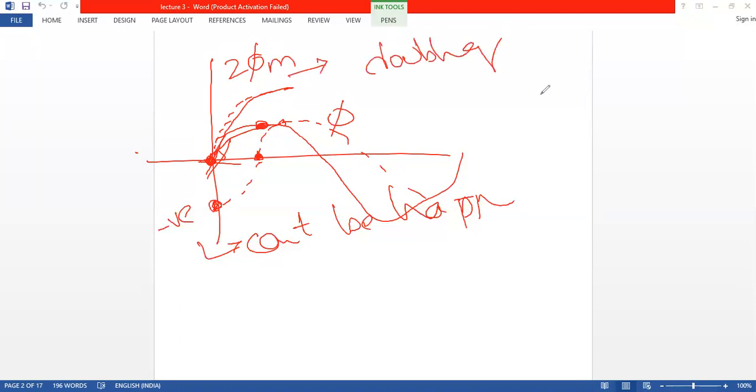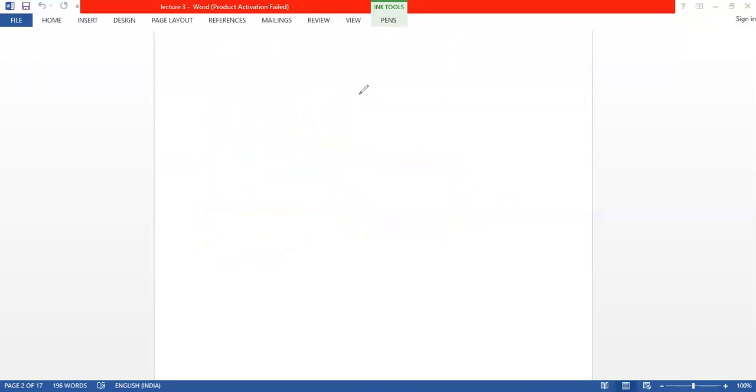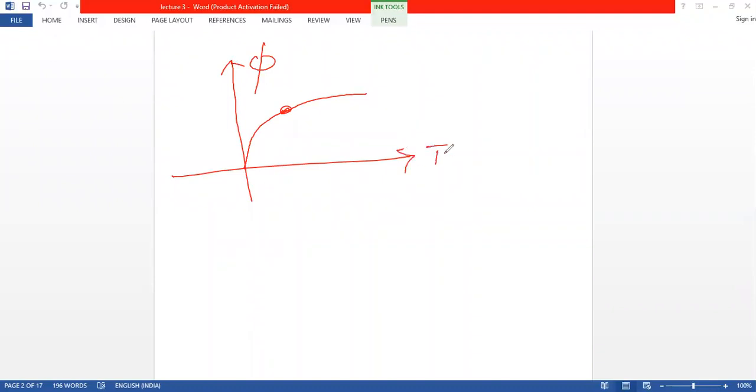See here, you already know all the machines operate near the saturation point. Suppose this is the flux, this is the magnetizing current. All the machines operate near the saturation point. So to make the flux from here double means it's almost a small increase here.